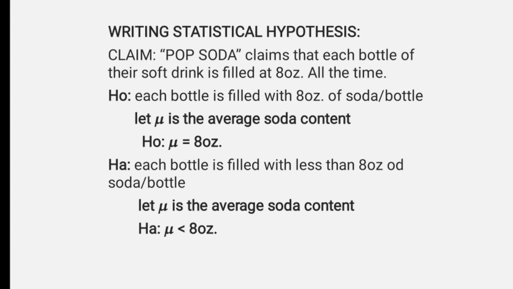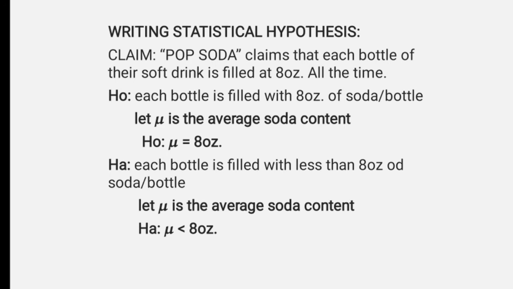Now, for the null hypothesis, since it's always going to be an equal sign, we will always believe that the claim will be true. So for this particular null hypothesis, each bottle is filled with 8 ounces of soda per bottle. So we will believe that manufacturers claim that Pop Soda always fill their bottle of soda at 8 ounces all the time.